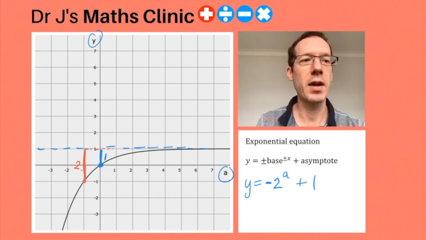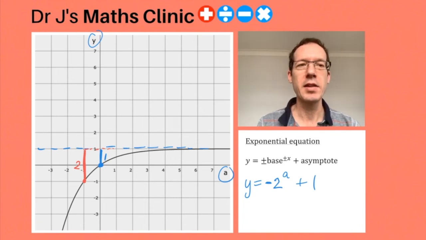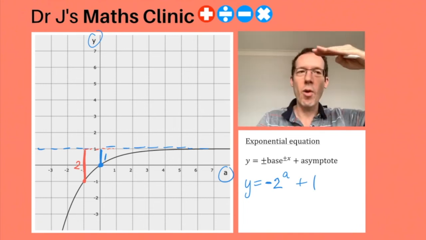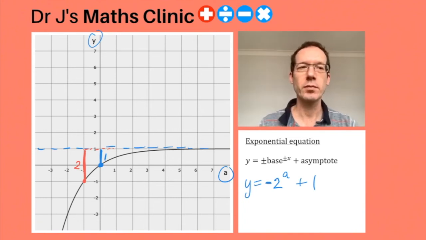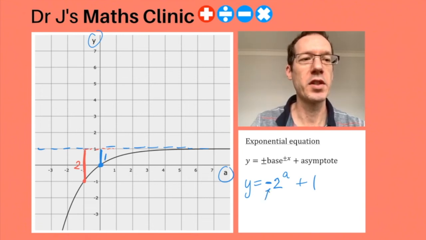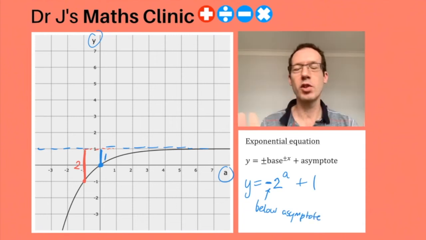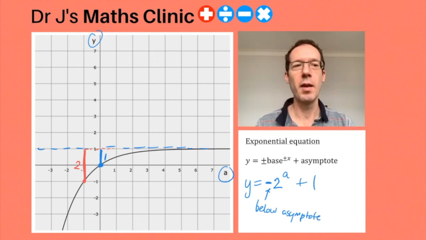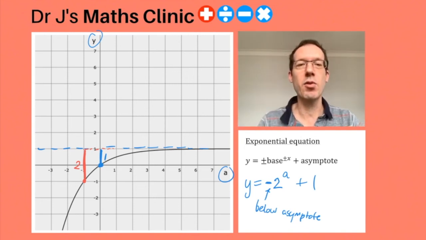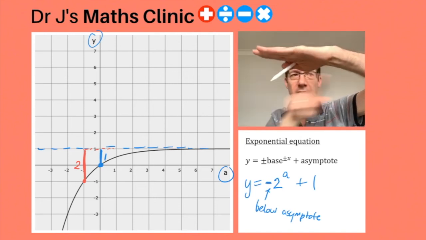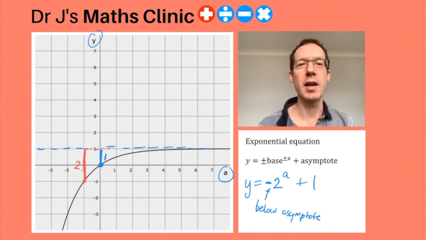That minus in front of the base tells you that everything is below the asymptote. So this is the below asymptote minus. If everything's above the asymptote, you don't put that minus in, it's a positive. But if everything's below the asymptote, as this one is, you're going to have a minus there.